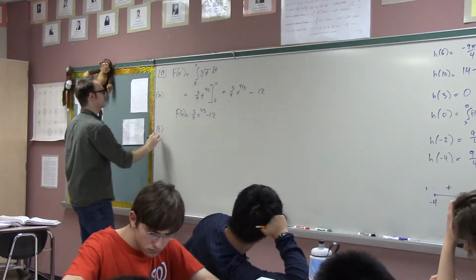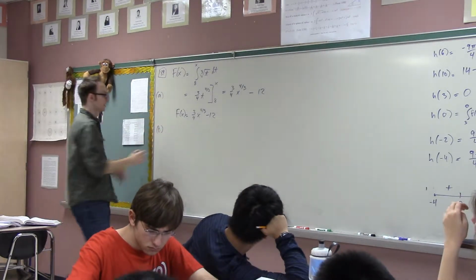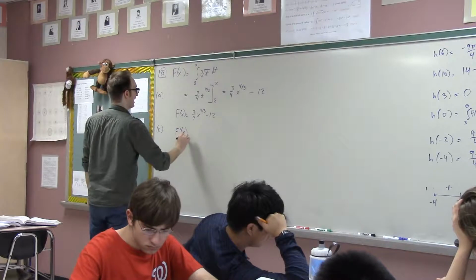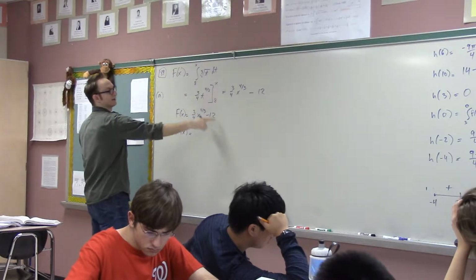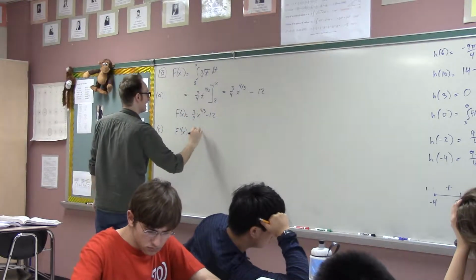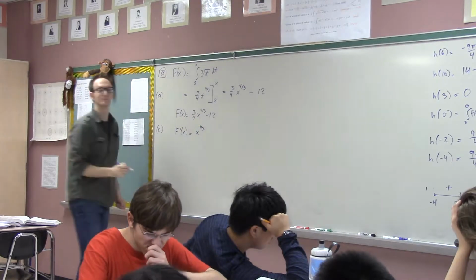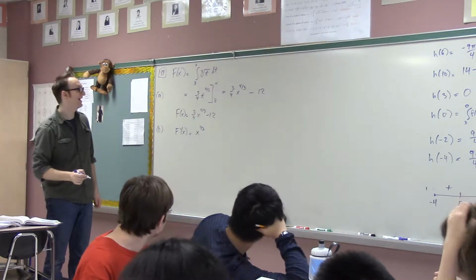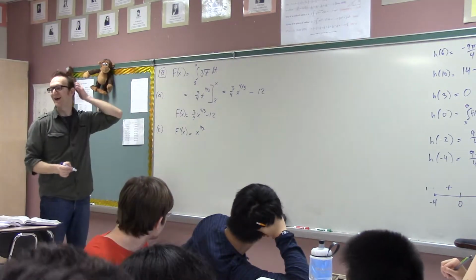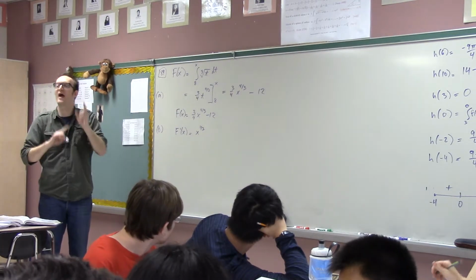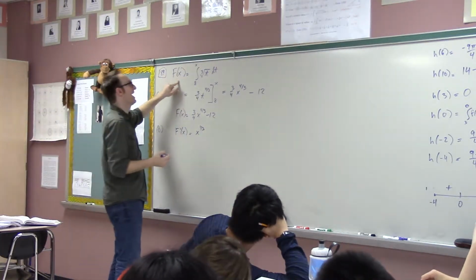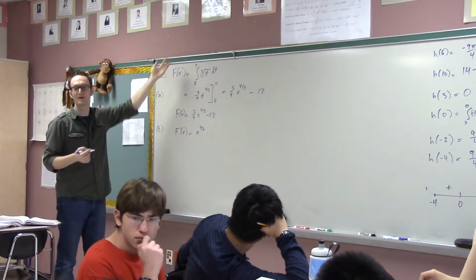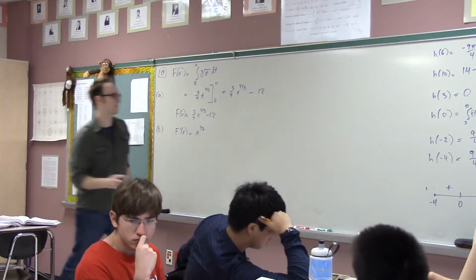And then in part B they say, hey, take the derivative of that. What is F prime? Differentiating this, I get x to the 1/3, that's it. I'm just verifying the fundamental theorem. That's all that problem was.